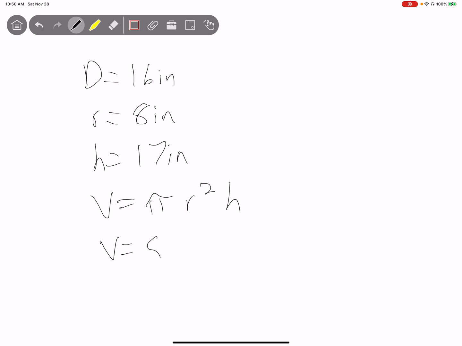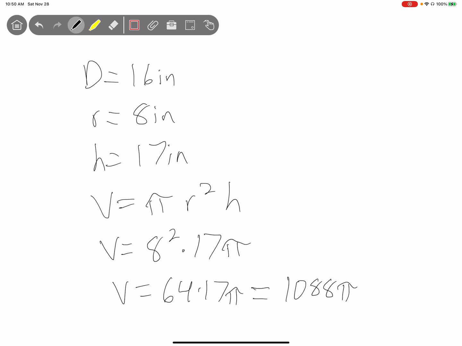We plug in, we get pi times 8 squared times 17. So the volume now becomes 64 times 17 times pi, which becomes 1,088 pi inches cubed.